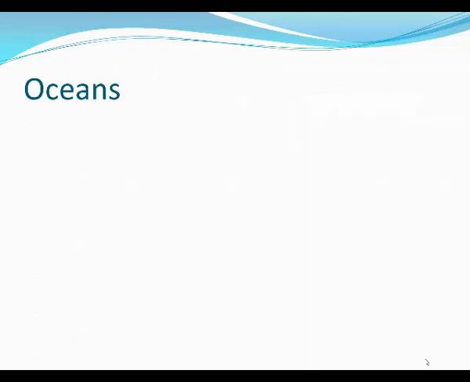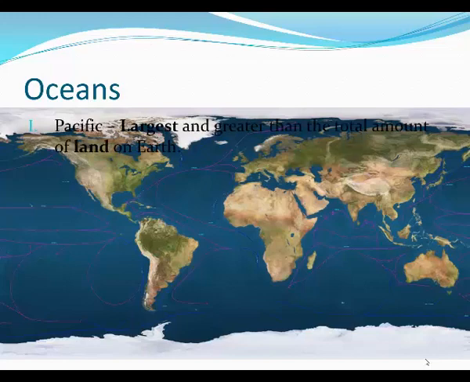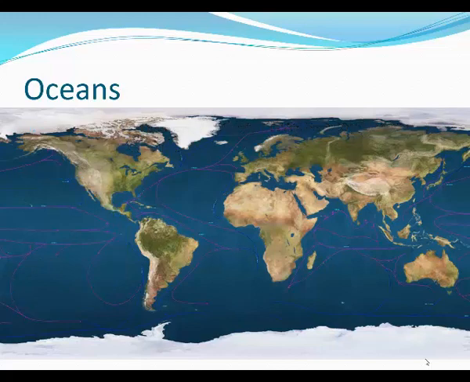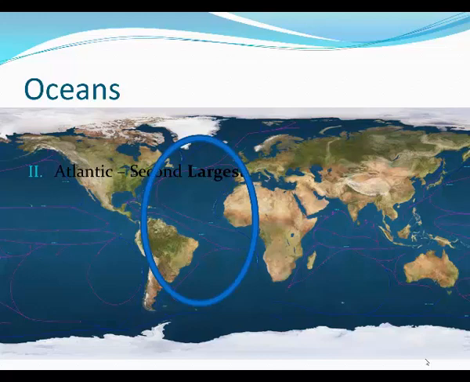Our oceans. The Pacific Ocean is the largest and is greater than the total amount of land on our planet. So the Pacific Ocean is found here. The Atlantic is the second largest, found between the Americas and Africa and Europe.